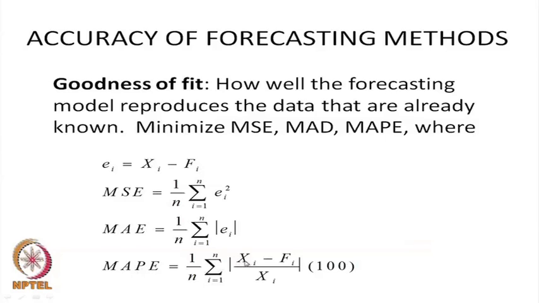Percentage error is basically x i minus f i by x i into 100, the absolute value is taken here and averaged. So, one can use any one of these 3. There are many other methods also, and one can use them to find out which forecasting method should be used.